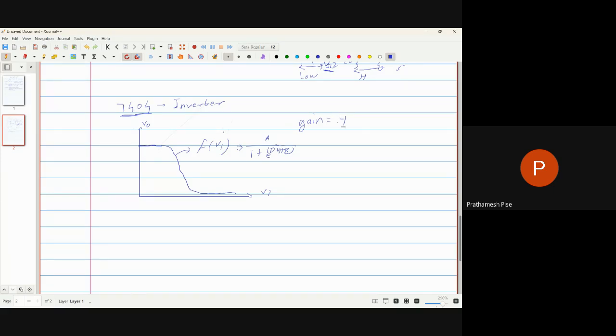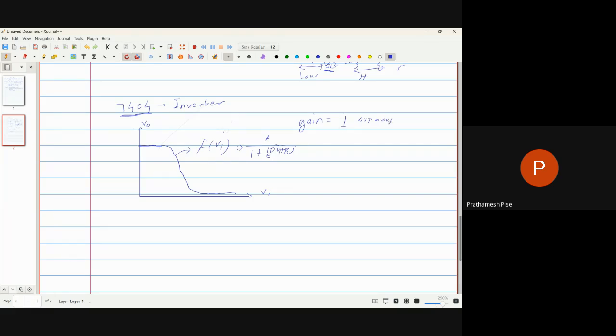And because it is negative, if any small change, some small delta V, happens, the gate will try to reduce it because of this negative sign.